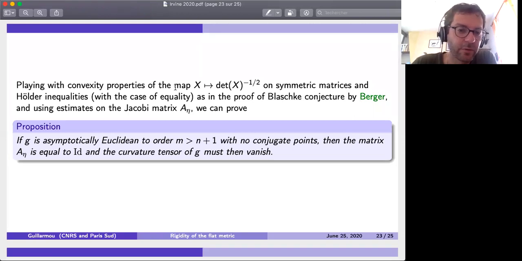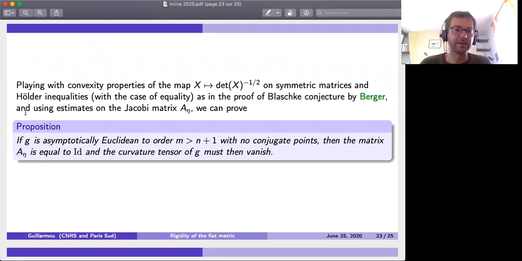It's based on a convexity property of the map which, to a symmetric matrix X, associates the determinant of X to the power -1/2. It turns out that this map is strictly convex. So if you play with this convexity and Hölder or Jensen inequality, really very much like in the proof of the Blaschke conjecture by Berger, I don't really want to enter into detail because it's quite technical.